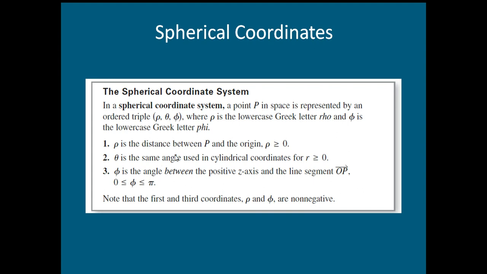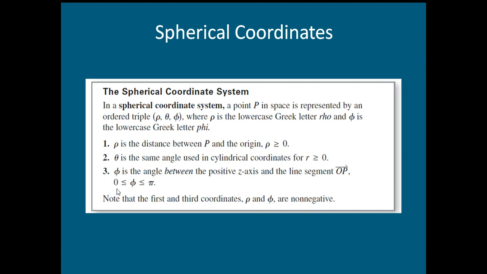Rho is the distance between P and the origin. Rho has to be naturally greater than or equal to 0. Theta is the same angle used in cylindrical coordinates, for r greater than or equal to 0. And phi is the angle between the positive z-axis and the line segment OP.